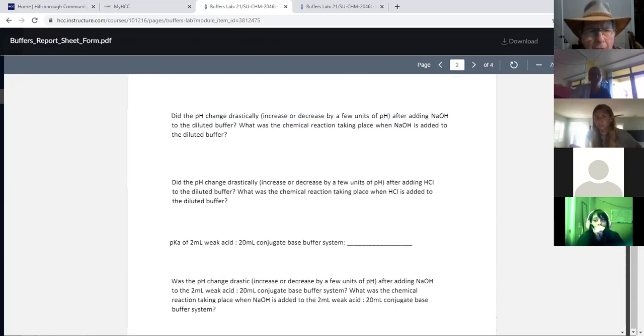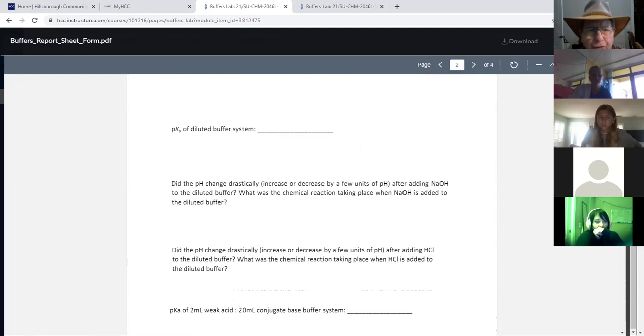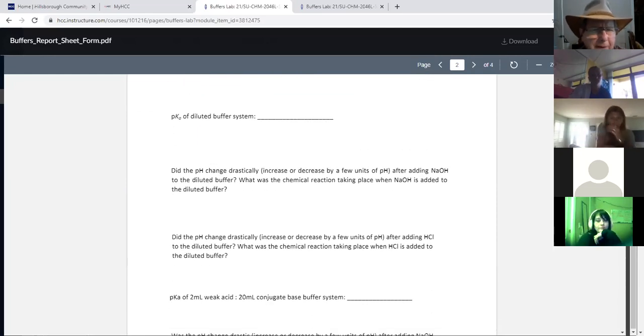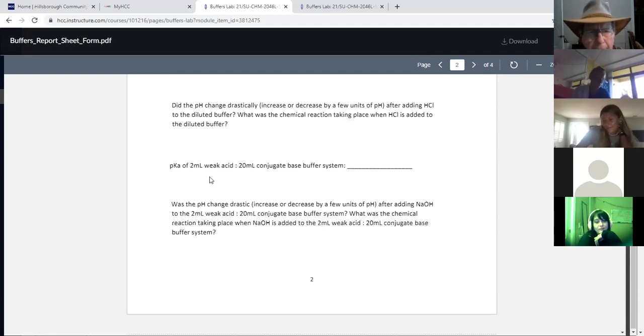It asks you some basic questions about the adding, and these belong to the first question, part A, and the second question, part B. Then you're being asked in part A to make a buffer of 2 milliliters weak acid and 20 milliliters of base.